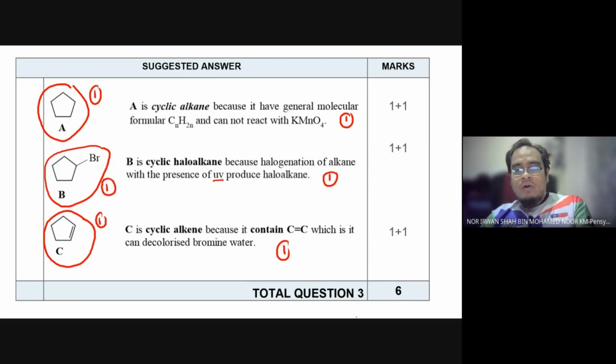Question number 4, jadi you akan dapat 6 marks all together. So dapat tak? 6 markah. So kalau dapat, congratulations, terbaik. So kalau tak dapat, sila tengok balik kat mana yang salah dan buat pembetulan lah. Okay guys, so itulah dia jawapan untuk question number 4.